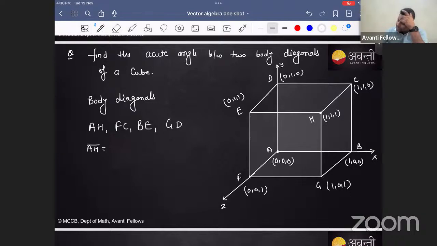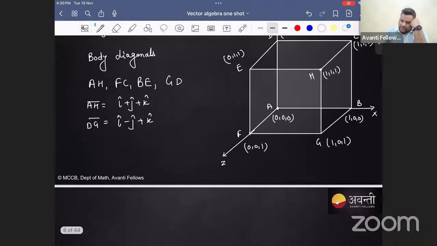Now, if you write AH vector, what is AH? It is the vector joining 0, 0, 0 and 1, 1, 1. So that would be I cap plus J cap plus K cap. All right. And then GD vector is going to be I cap minus J cap plus K cap, or negative of that. So say I call it DG. Got it? Now they are asking you to find the acute angle between them.